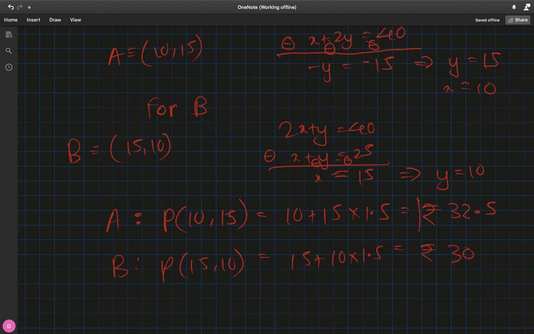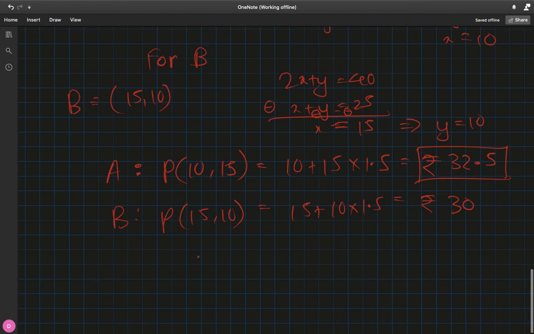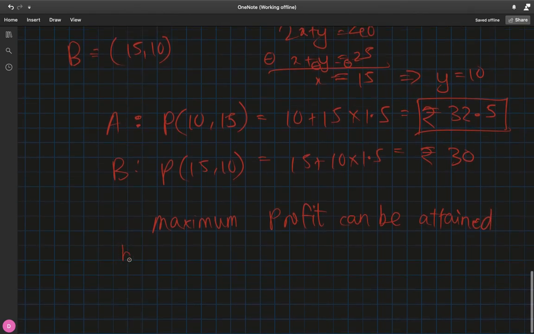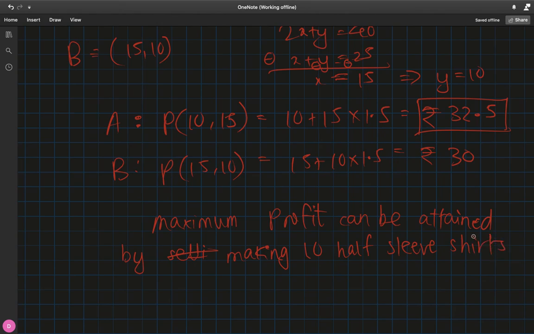And which is greater? Well, point A, right? So maximum profit can be attained by making x half sleeve shirts: 10 half sleeve shirts and 15 full sleeve shirts per week.